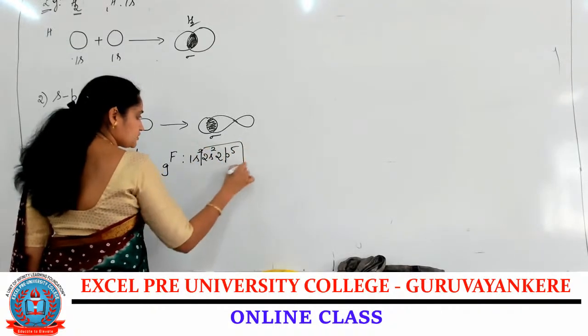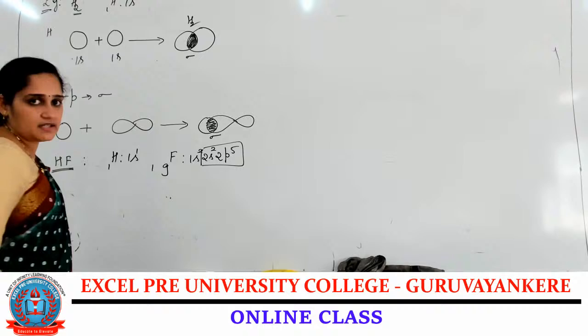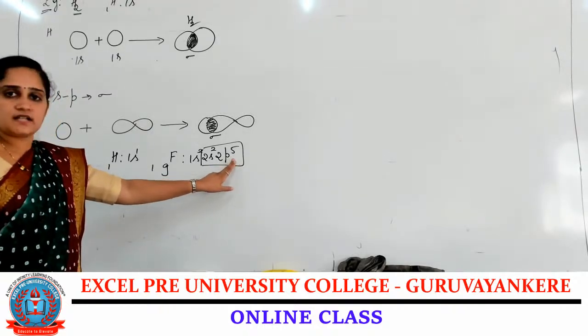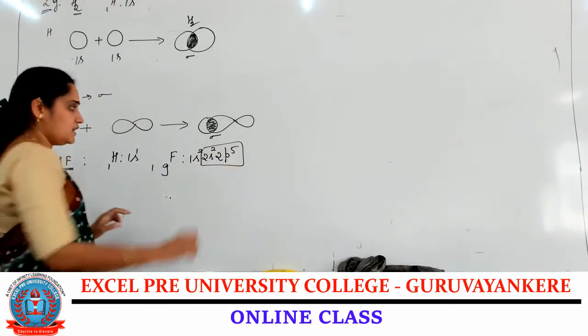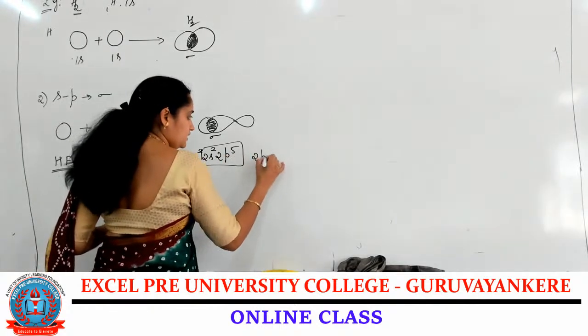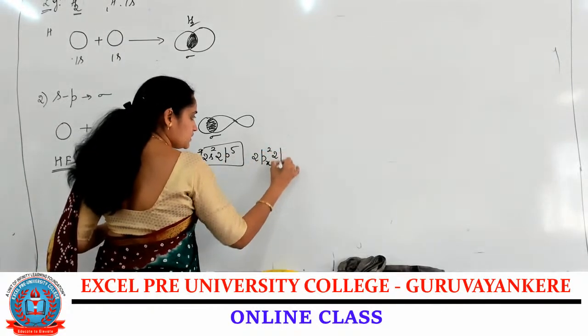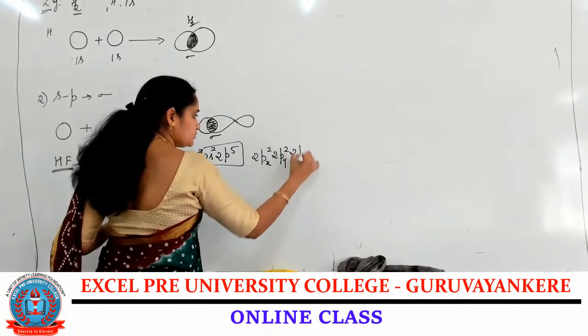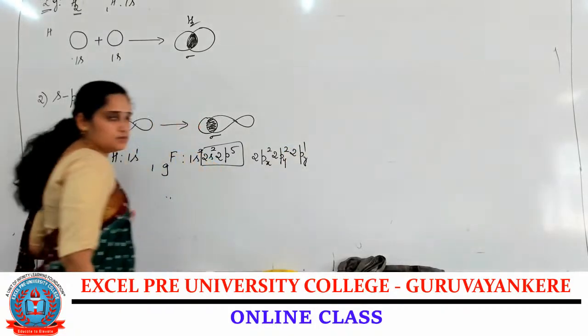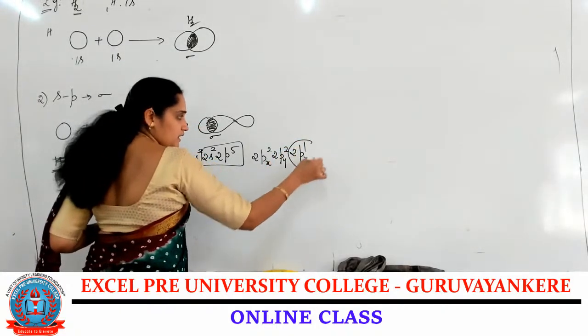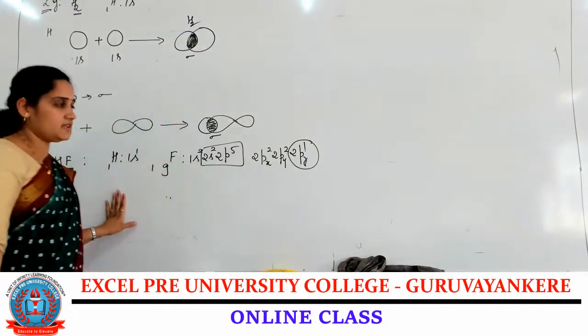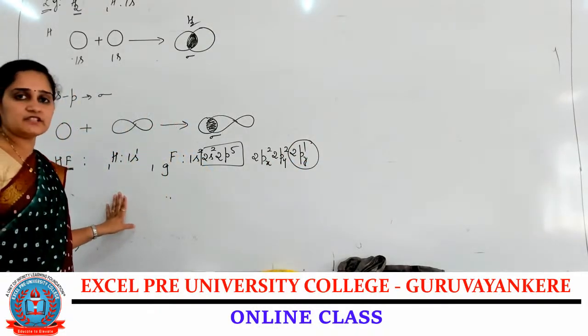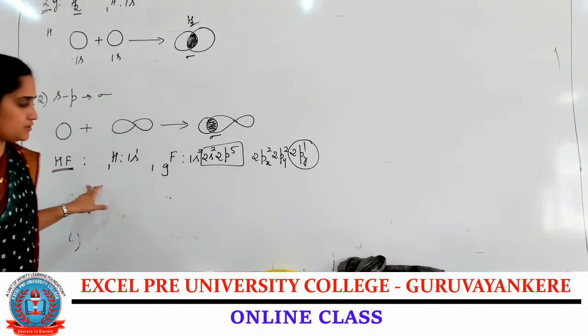I mean 7 electrons are present in the valence shell, but after gaining 1 electron it attains the octet electronic configuration. It is nothing but 2px2, 2py2, 2pz1. So this 2pz1 containing the unpaired electron overlaps with the 1s1 orbital of the hydrogen.